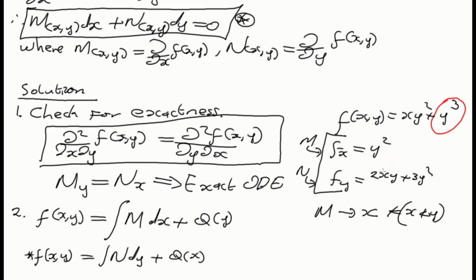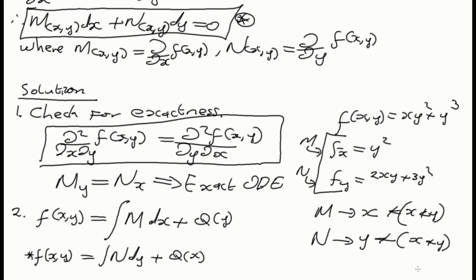Right? And then, what you have now is that the N function will help you recover terms which are y only and terms which also had a combination of x and y.